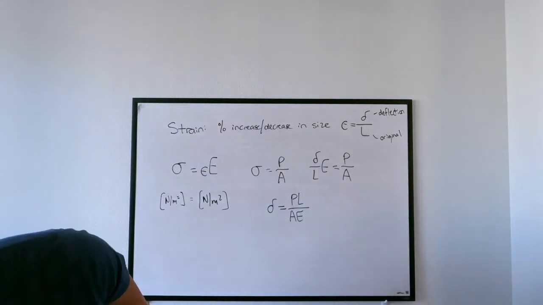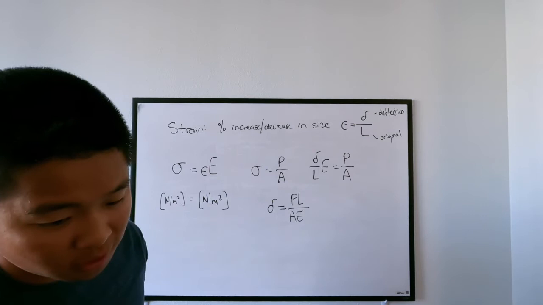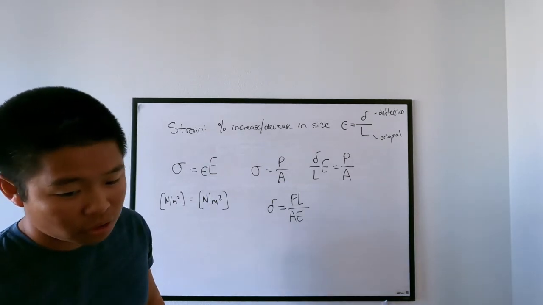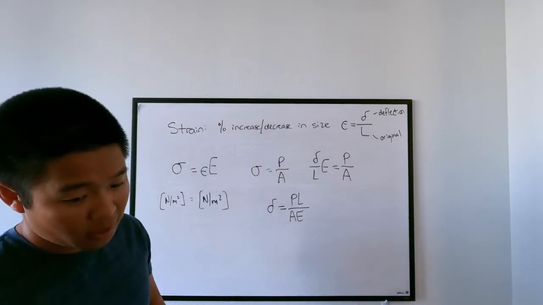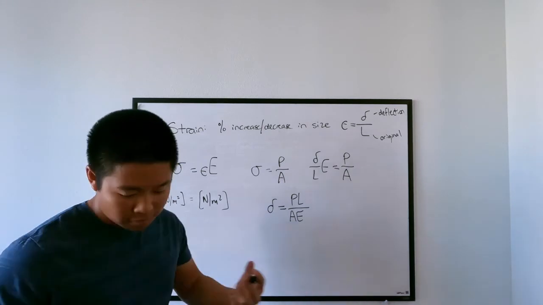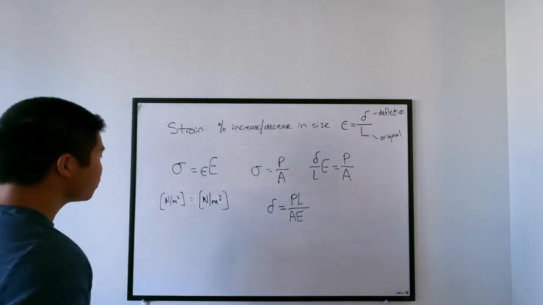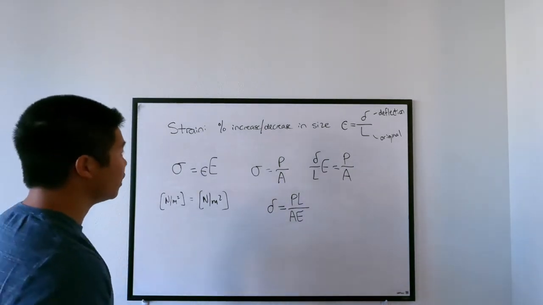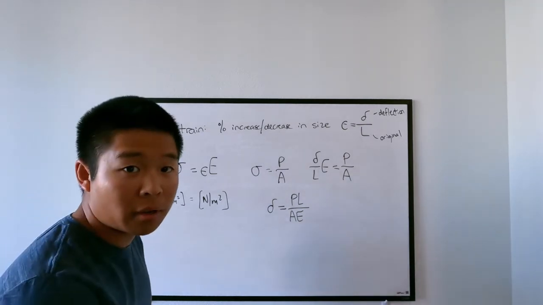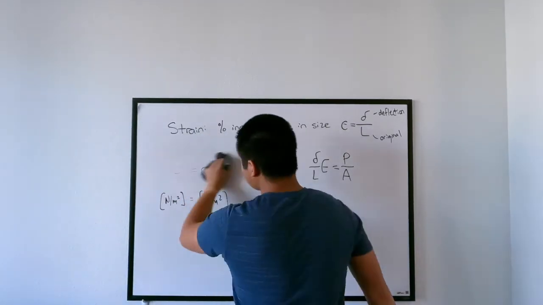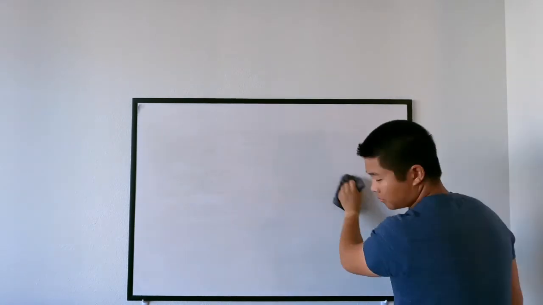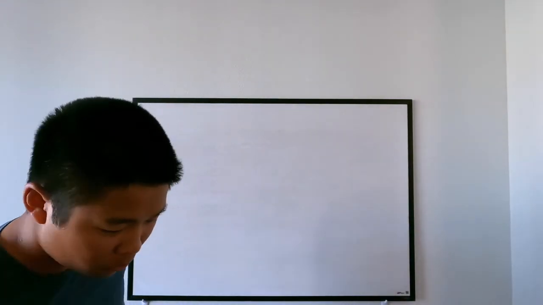So that is one of the equations that we are interested in. And that brings us to our example. Let's use these equations and solve the example on page 3. This is a fairly simple example.